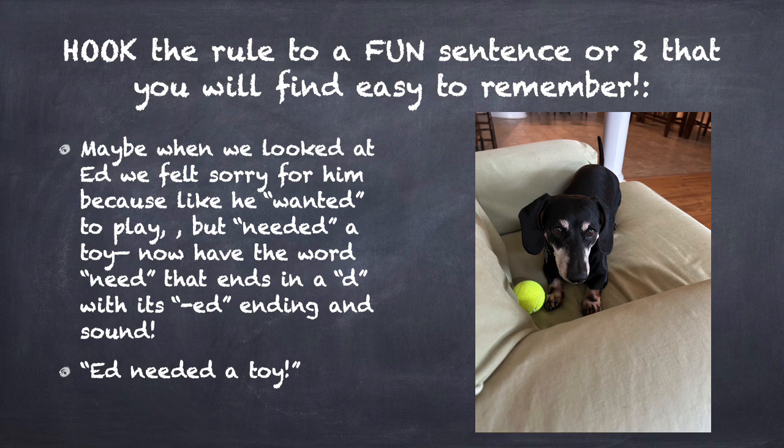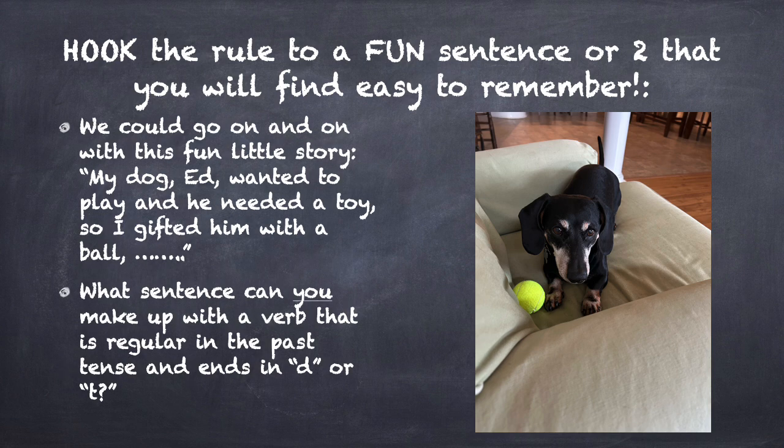So you could imagine that we could go on and on with this little story. We could say something like, my dog Ed wanted to play and he needed a toy, so I gifted him with a ball. So the idea here is to use your imagination and make up some sentences that are meaningful for you and easy to remember.